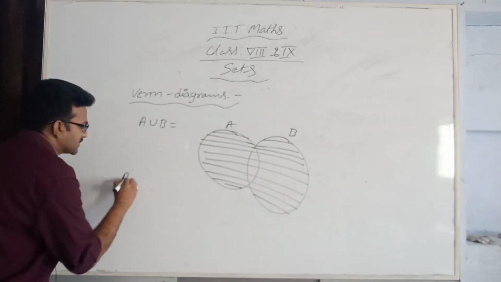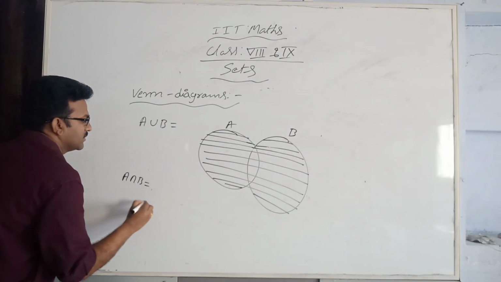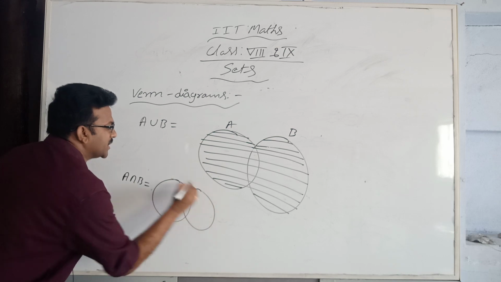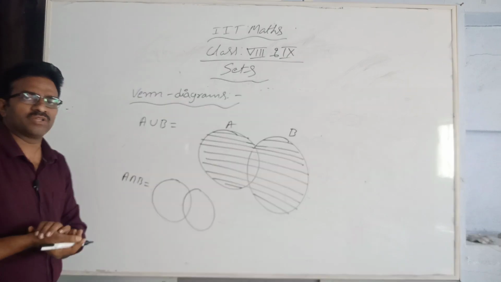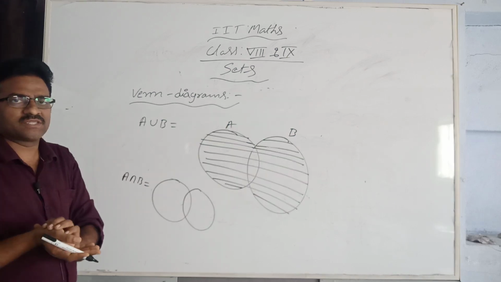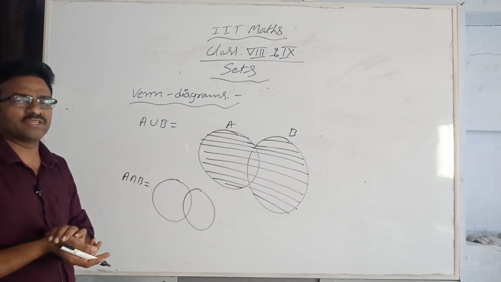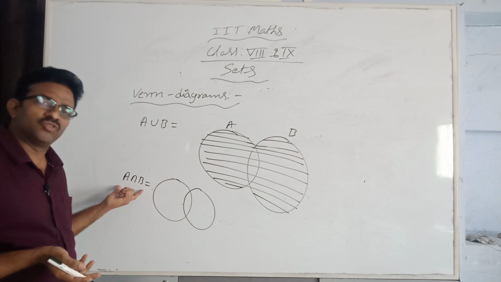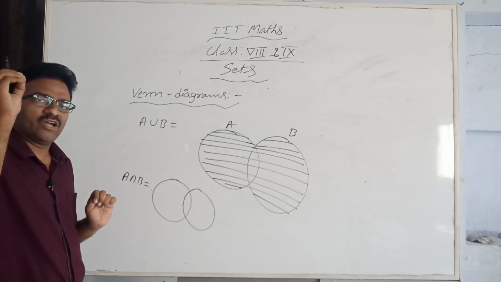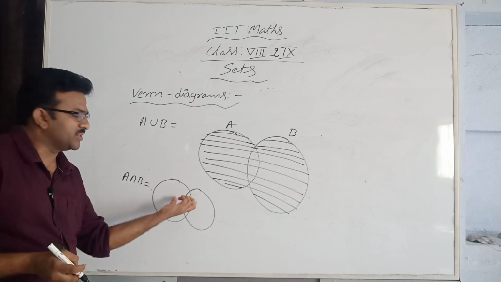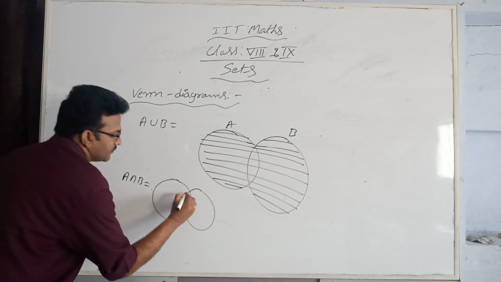Next, A intersection B. So common region we are going to shade here. So A intersection B. Already we know about that. The common elements in A and B is nothing but the intersection of those two sets. And also we are going to show in the Venn diagram the common region should be shaded.